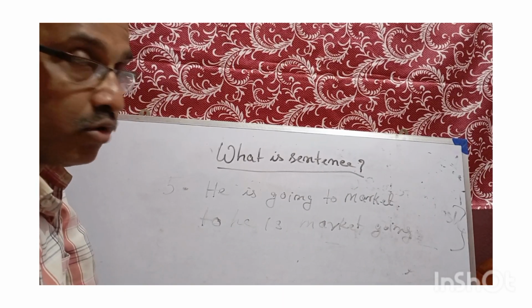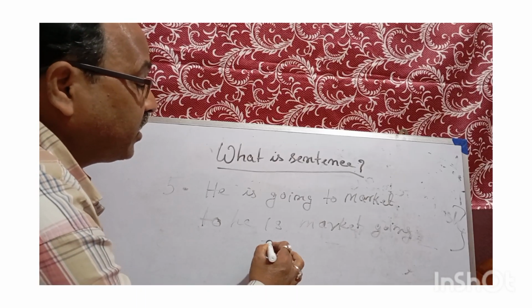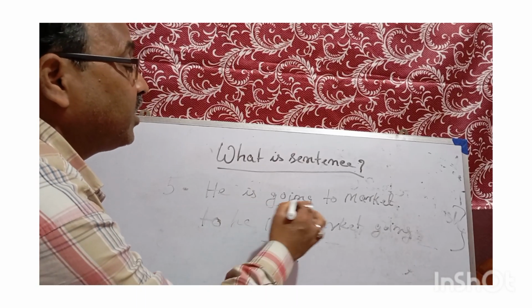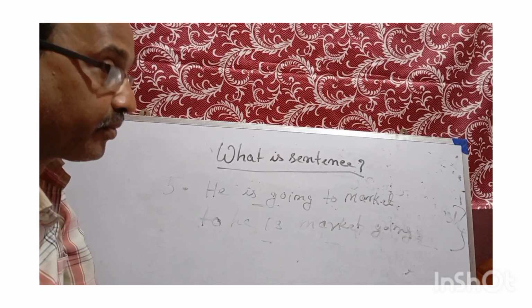Does it have a meaning? No, it does not have a meaning. So it is not treated as a sentence. He is going to market. It is called a sentence because it has a complete meaning.